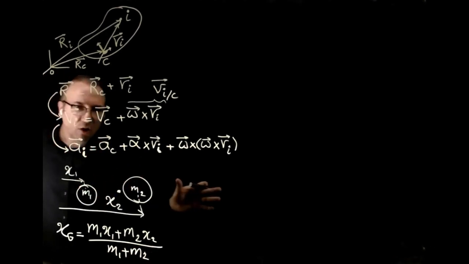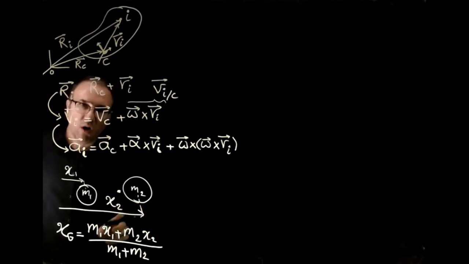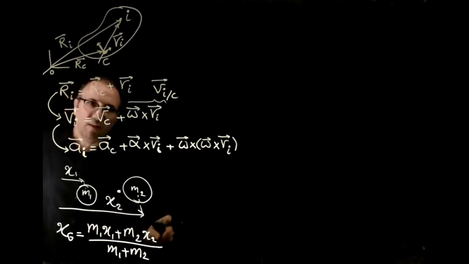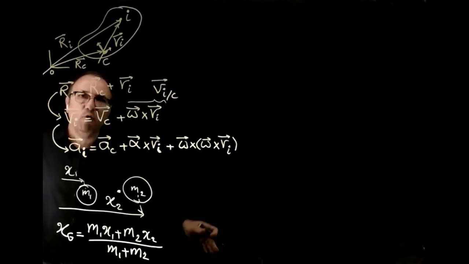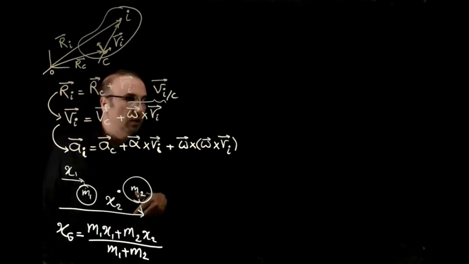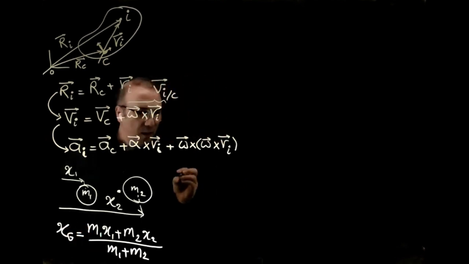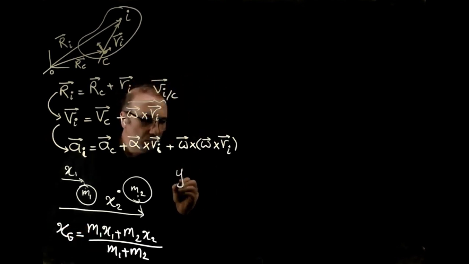So if I have a bunch of other masses, I would keep going. For example, M1 x1 plus M2 x2 plus M3 x3 plus M4 x4 divided by M1 plus M2 plus M3 plus M4. This is like a weighted average, right? So now that we can write this for x, we can write the same thing for yG.